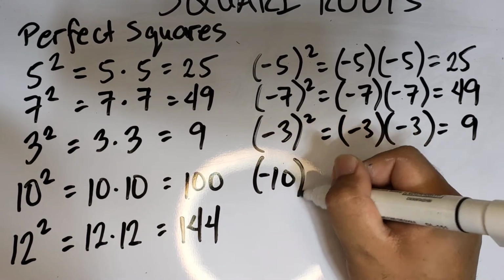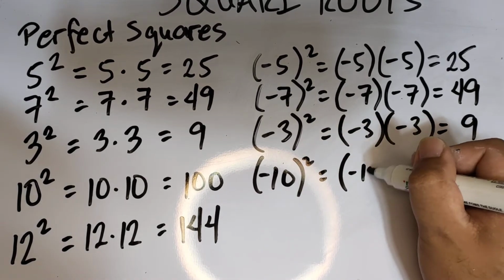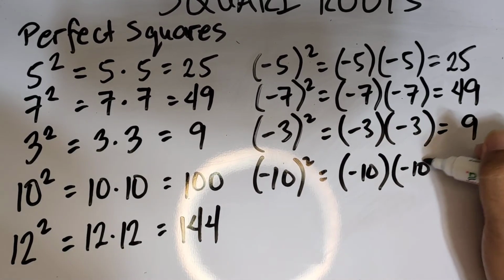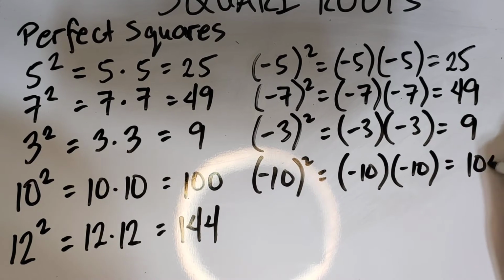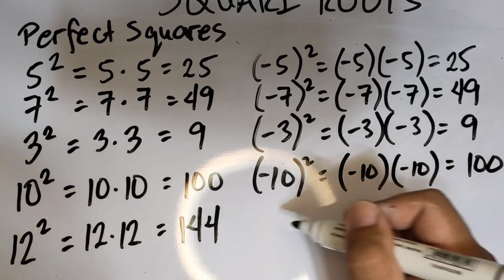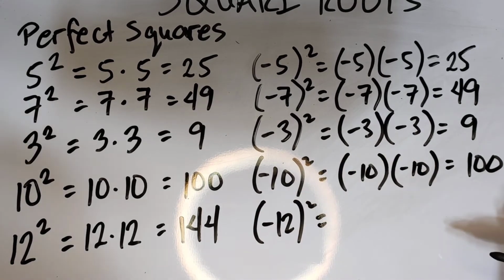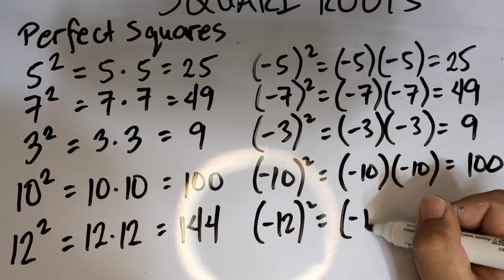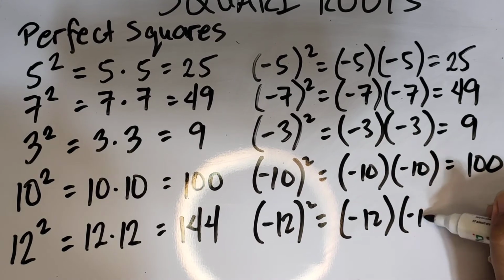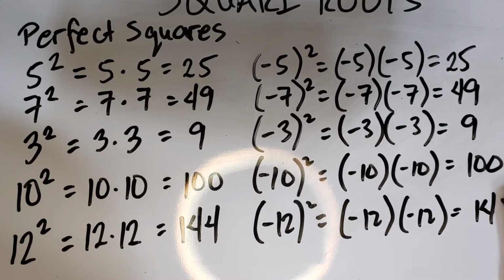Negative 10 square, that is negative 10 times negative 10 equals 100. And we have negative 12 square, that is negative 12 times negative 12 equals 144.